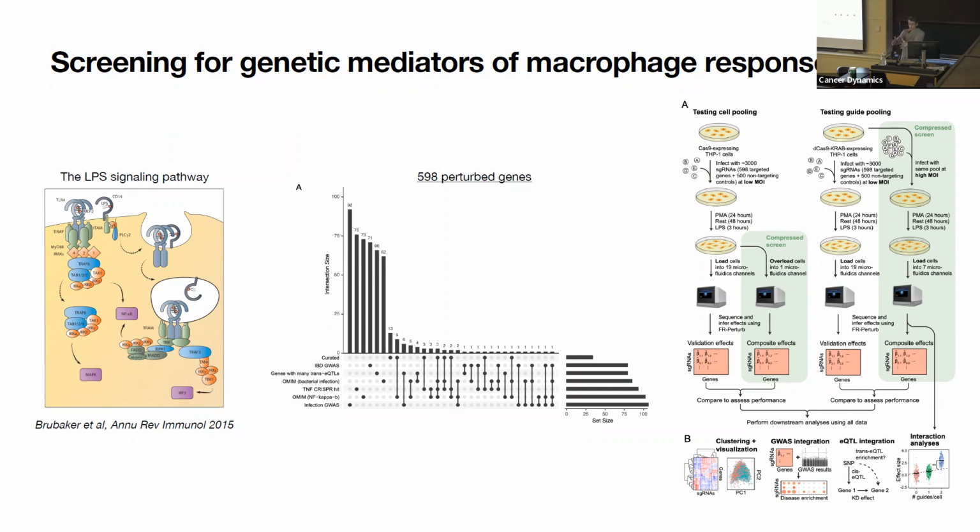Then in parallel we ran a compressed screen, either overloading cells in droplets to generate cell pooled samples, or overloading guides in cells to generate guide pooled composite samples. The other thing is that in this branch of the experiment, we did it with Cas9 knockout of individual genes.